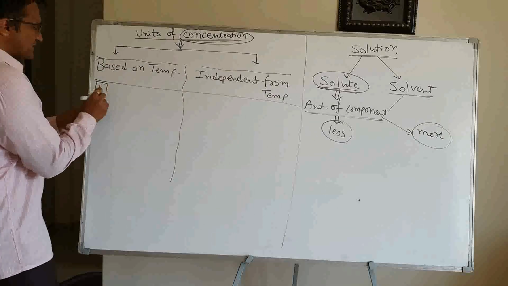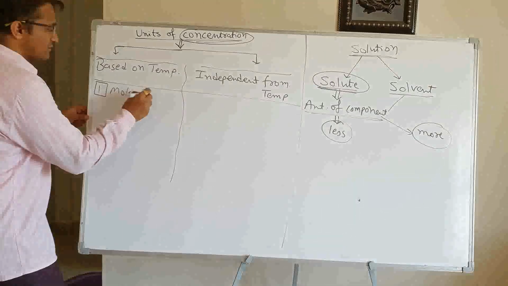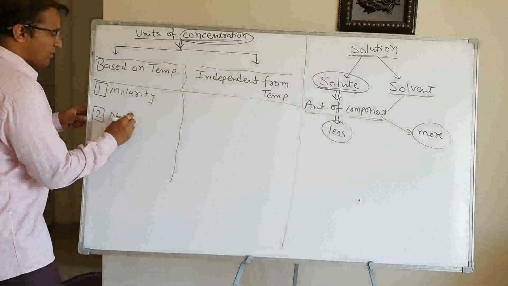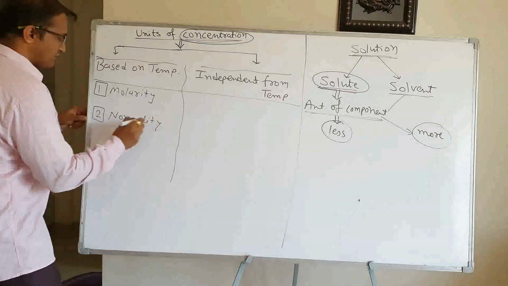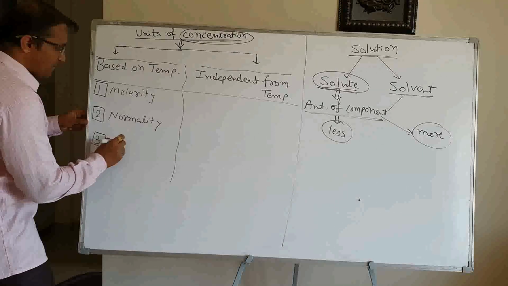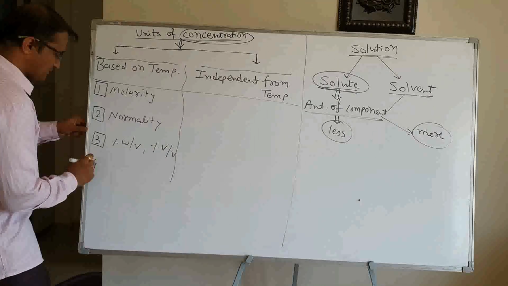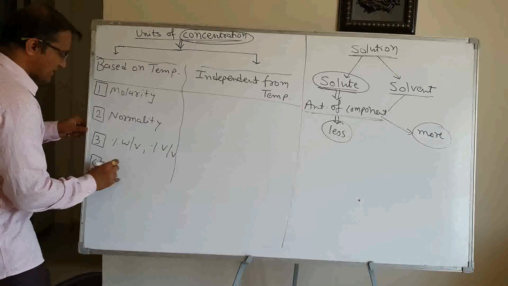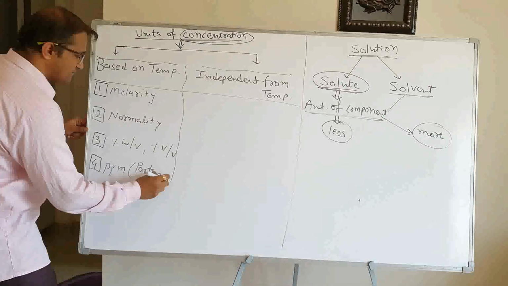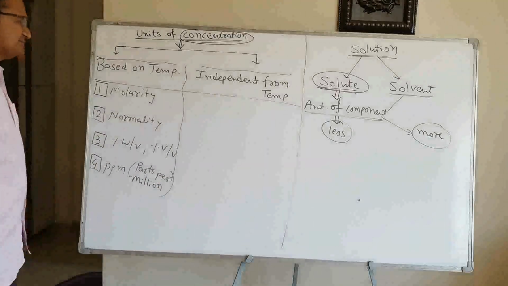So first is molarity, second is normality, third is percentage W by V, percentage V by V, fourth is ppm, that is parts per million.